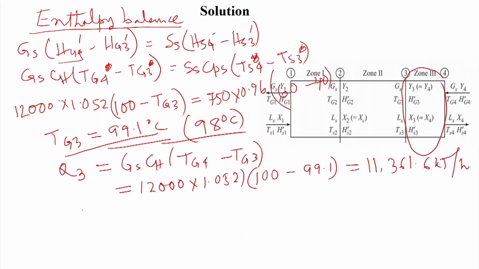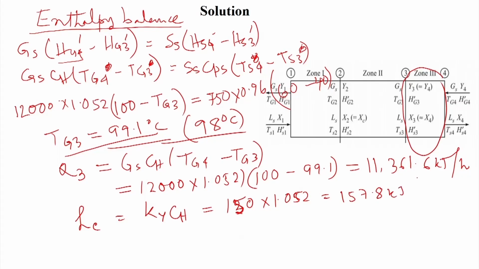And we have Hc equal to Ky into Ch. So, Ky is equal to 150 and Ch is equal to 1.052, so that is 157.8 kilojoule per meter square hour Kelvin. Now, we need to get the temperature driving force.